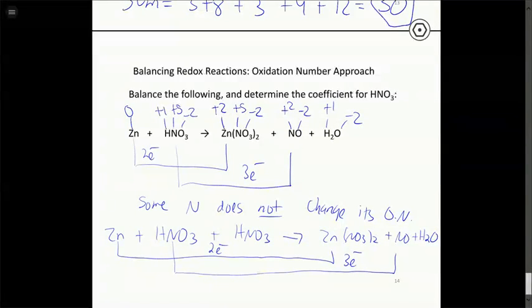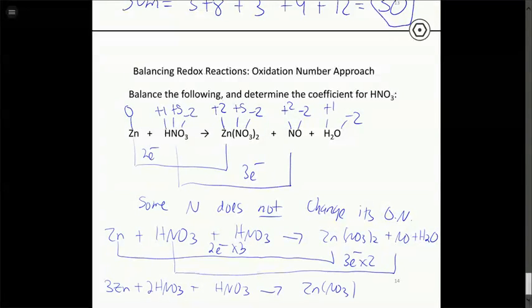So we can then balance these 4 species just by making sure the number of electrons are balanced. So we have to then triple this to make it 6 electrons, double that to make it 6 electrons. So then what we end up with is we triple the coefficient on zinc, we double the coefficient on the first HNO3. We still have to balance the second HNO3.